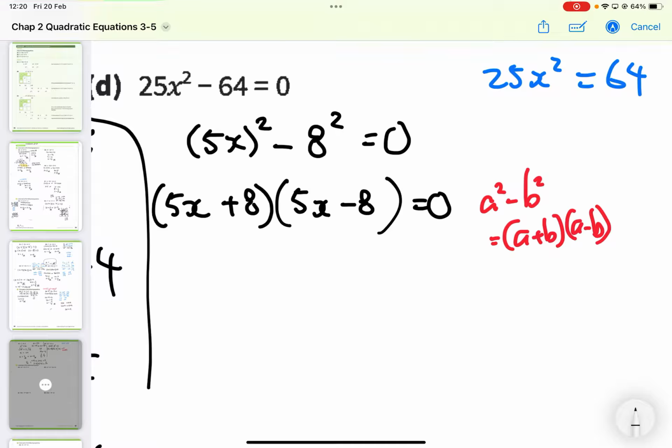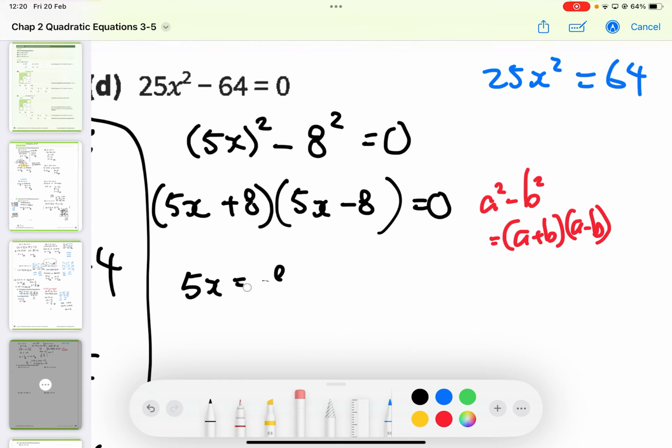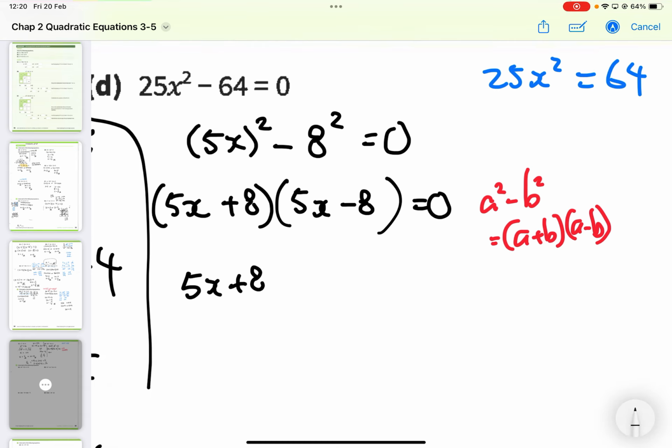So again, it is either this bracket 0 or this bracket 0. Then you can have your answer. 5x plus 8 equals to 0, or 5x minus 8 equals to 0.